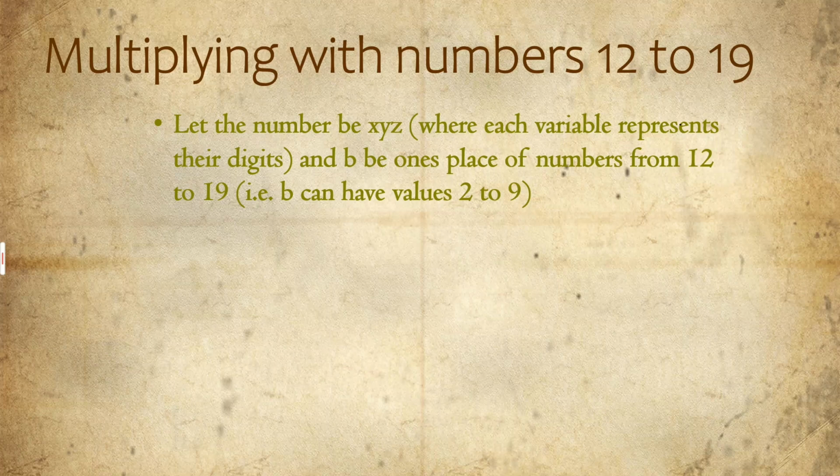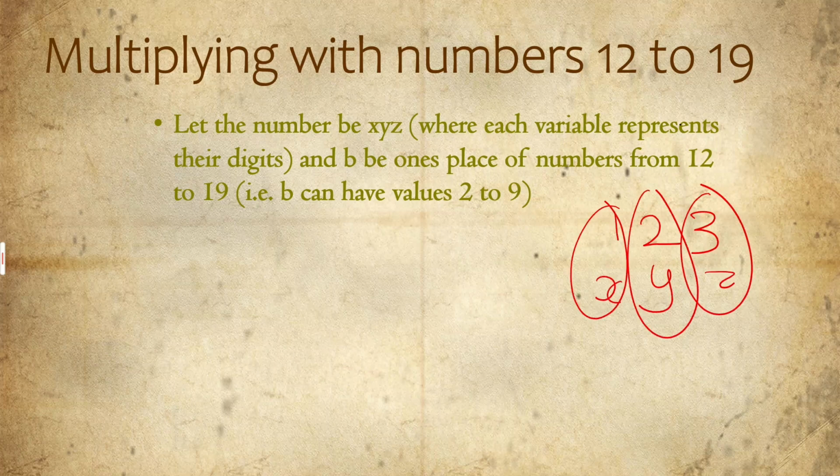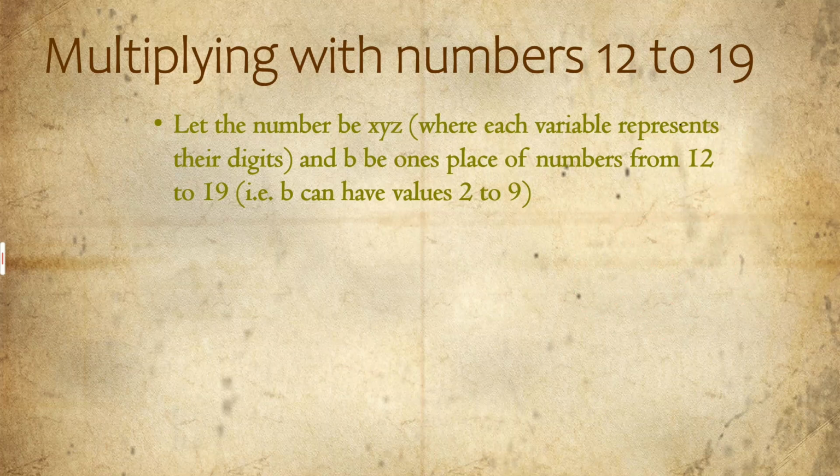Let the number that we're going to multiply be x, y, and z, where each variable represents a digit, right? So suppose we have 123, x is 1, y is 2, and z is 3. So basically it's the digits. And b over here is a variable, the ones place of the number from 12 to 19.